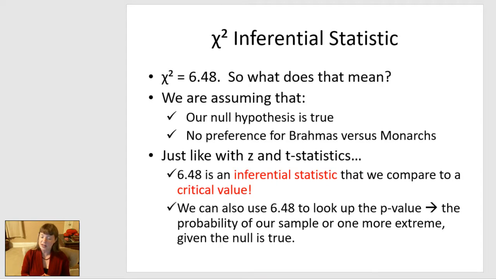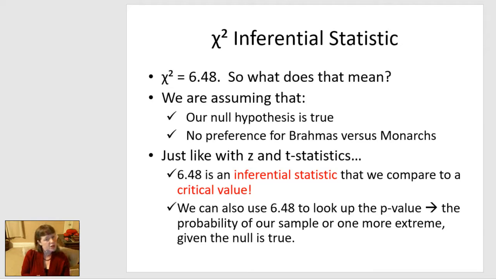Well, this is our inferential test statistic where we first assume that the null hypothesis is true, where we assume that there's no preference for Brahmas versus monarchs in Encino, that the distributions between the categories are exactly the same. And just like with the Z and T statistics and F statistics, this is our inferential test statistic that we compare to a critical value. If what we calculate is bigger than the critical value, reject the null hypothesis. If what we calculated is not bigger than the critical value, fail to reject.